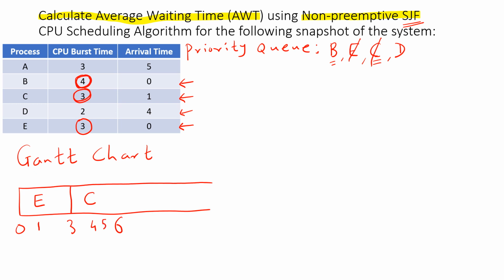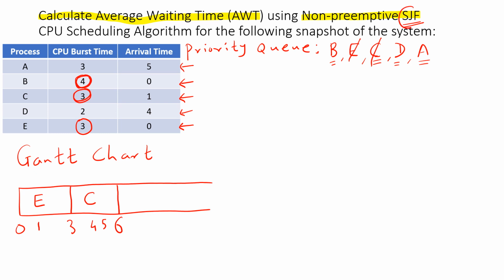Similarly, at time unit 5, another process A enters the queue. Now at time unit 6, C finishes its execution, and we are left with B, D, A. Three processes in the system, and there are no more arrivals, so life becomes simple.